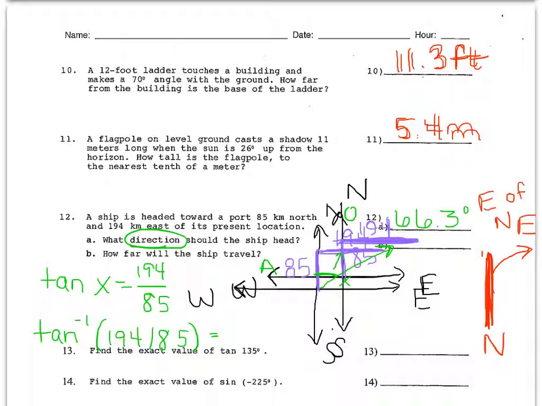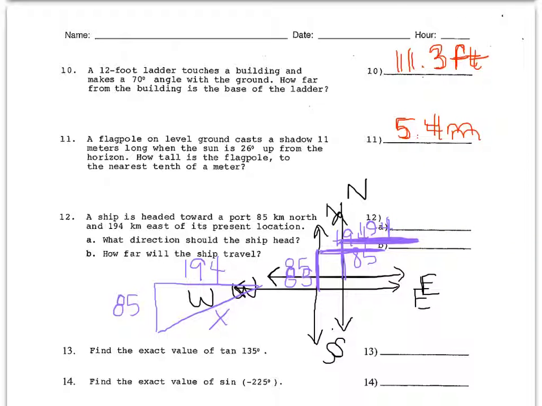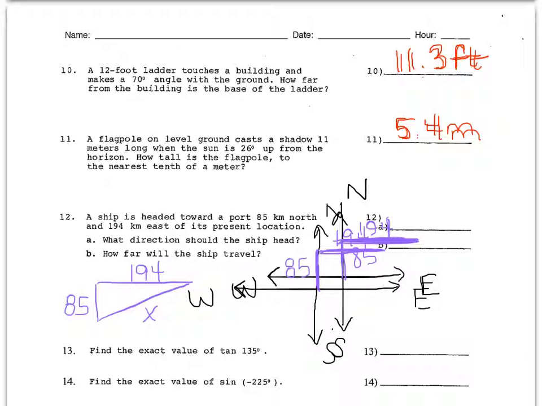As far as how far will the ship travel, let's look at this as just a triangle. So now I've taken it off the grid, and I know this is 85. I know this is 194 to the east, and I'm looking for this distance, which I'm going to call x. This is just a basic Pythagorean theorem problem. So if I use Pythag, that would be 85 squared, that's messy, hold on. Okay, let's try this again a little neater.